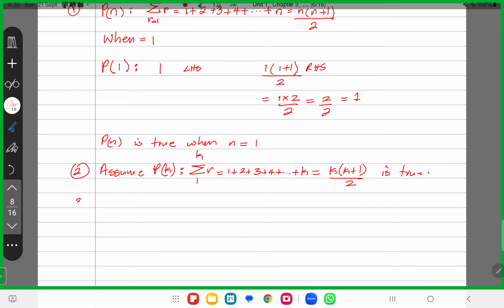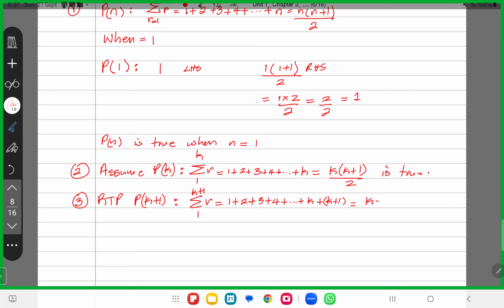Then step 3, we are required to prove that Pk plus 1, which is the sum of the first k plus 1 counting numbers from 1 to k plus 1 of r, which is 1 plus 2 plus 3 plus 4 plus k plus 1, is equal to, wherever I see n, I'm going to put k plus 1.